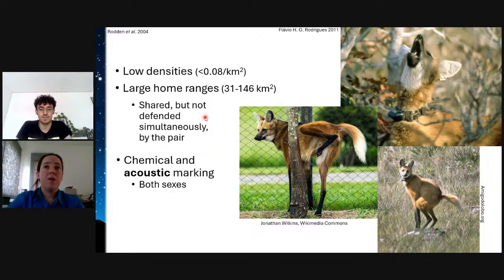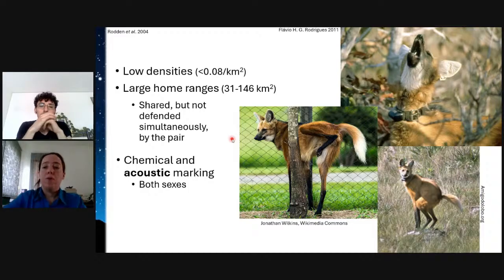So if it's so difficult to study this species, maybe you could monitor it through its sounds, because it uses chemical marking, of course, but it also would use acoustic marking for many functions that were not that well elucidated at the time, and both sexes use it.